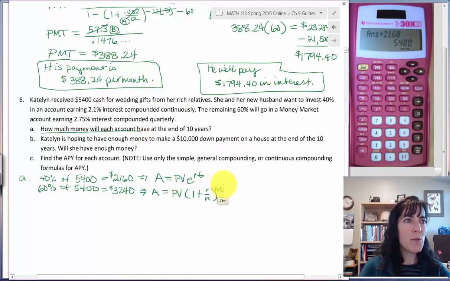So for that first formula, I'm going to write it out here. The present value, that's the 2,160 that we have. And I'm double checking that it does say compounded continuously for the 40%. So that will be 2,160 times e to the R, which will be 0.021. And the T, it says in part A, will be 10 years.